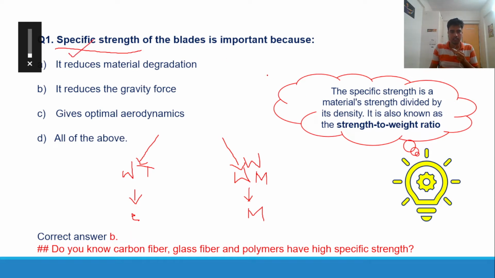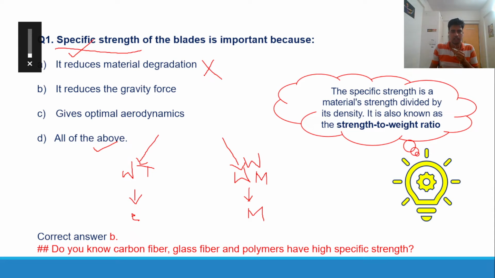The first option is it reduces material degradation. The second option is it reduces the gravity force. The third is optimal aerodynamics, and the fourth is all of the above. Specific strength has nothing to do with material degradation.